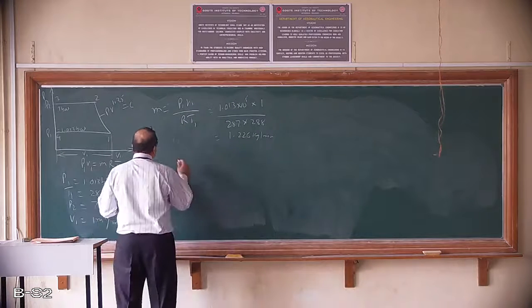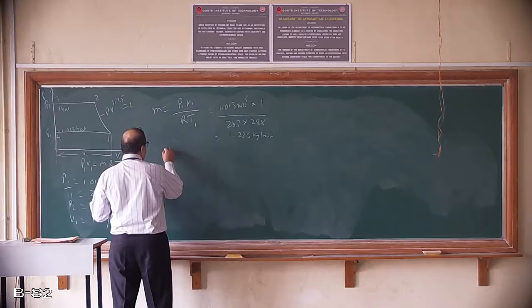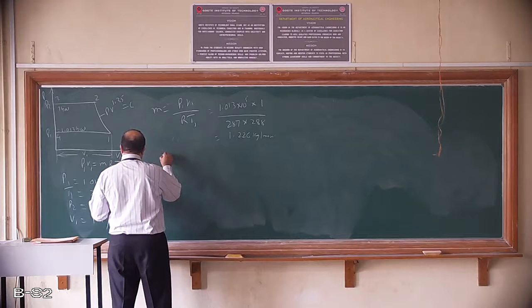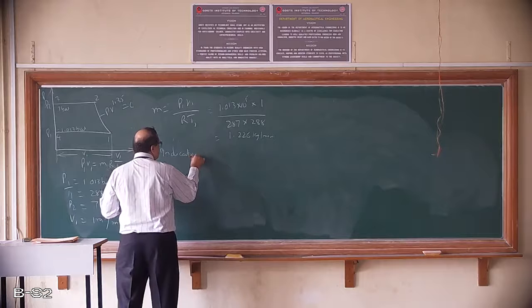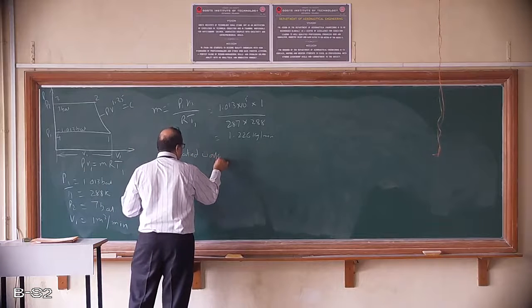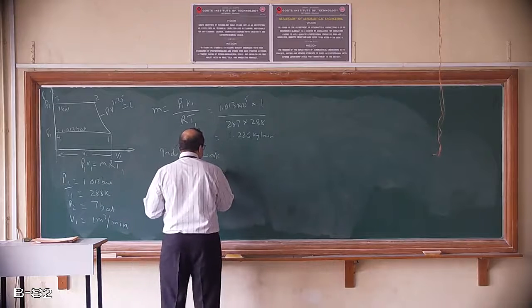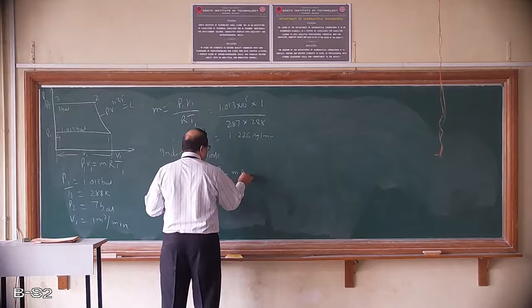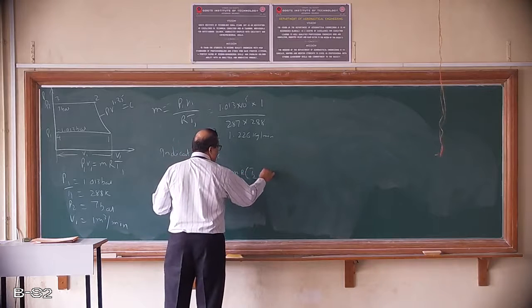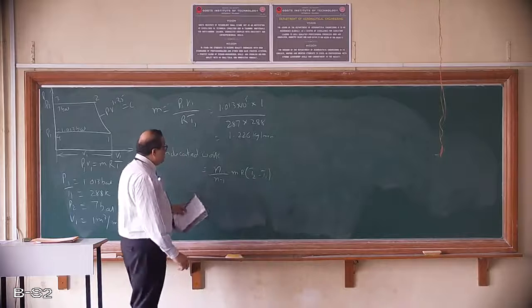Now if we need to calculate work done, that is indicated work, indicated work is equal to n by n minus 1 m R into T2 minus T1. But we don't know T2.